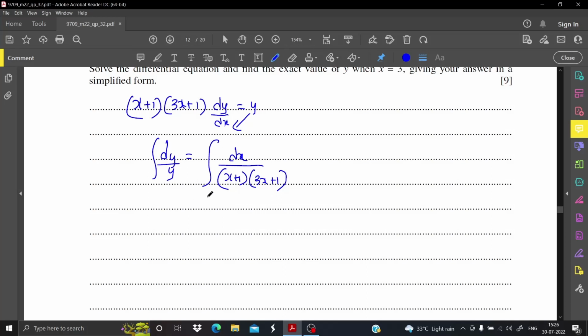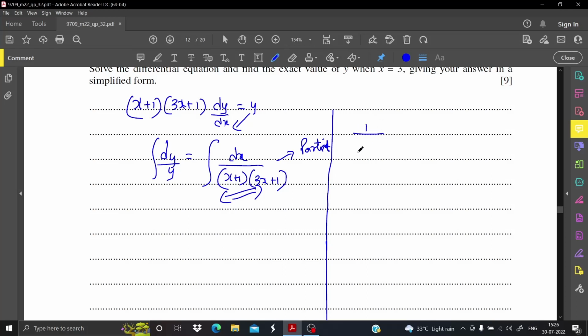Integrating on both sides. But before we start integrating this, we have to split that as the partial fraction. Very important. Generally, they always give a separate part A and part B, but it's been clubbed as one equation here.